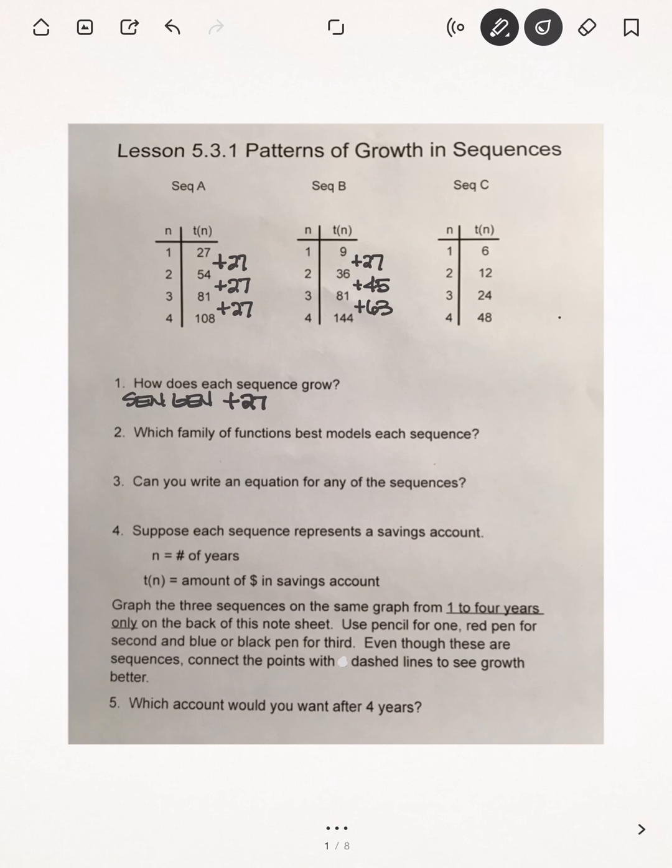And if I tried to multiply, 9 times 4 is 36, but the only way I could multiply 36 and get 81 is to multiply 36 by 2.25. So it is not multiplying by a constant, and it is not adding by a constant. Therefore, I would say there is no constant adding or multiplication.